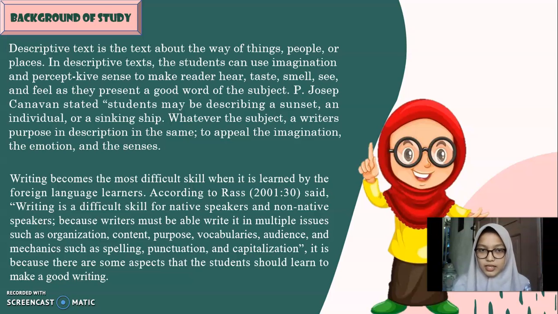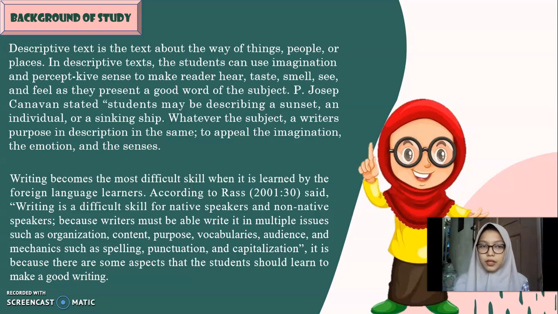Descriptive text is text about the way of things, people, or places. In descriptive text, the students can use imagination and perceptive sense to make the reader hear, taste, smell, see, and feel as they present a good word of the subject.